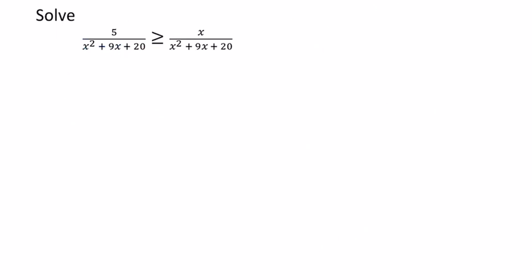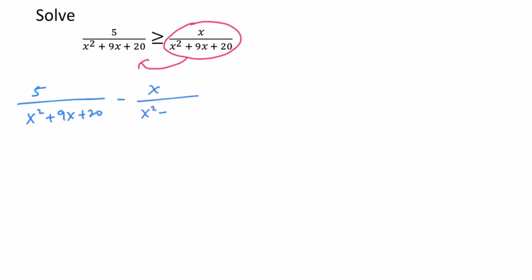Solve 5 over x squared plus 9x plus 20 is greater than or equal to x over x squared plus 9x plus 20. So again, we need 0 on one side, so let's subtract this group over. And we have 5 over x squared plus 9x plus 20 minus x over x squared plus 9x plus 20 is greater than or equal to 0.